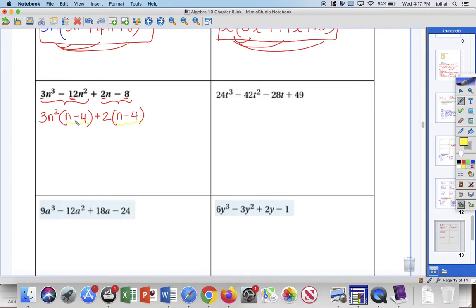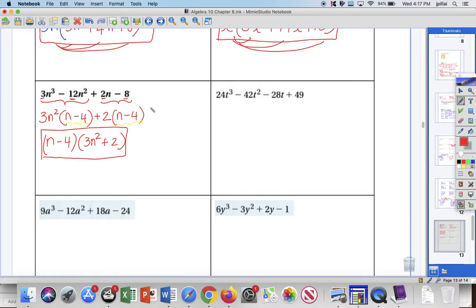Now do you see n minus 4 and n minus 4 are the same? So what do you think we are going to do? Absolutely, factor that out. So n minus 4 can be factored out, and this guy is gone. You're left with 3n squared plus 2. So that's it. I have now factored a cubic expression by grouping.